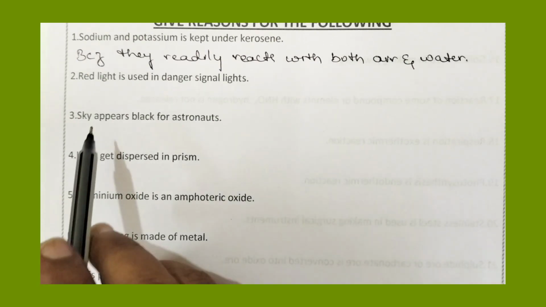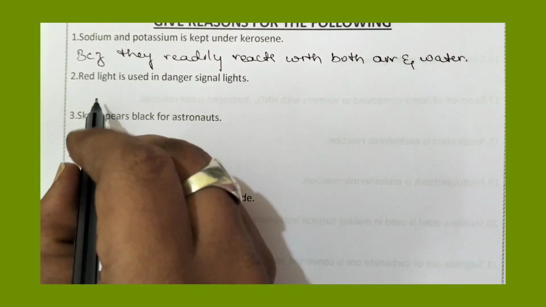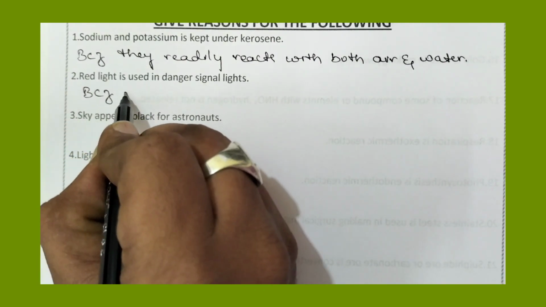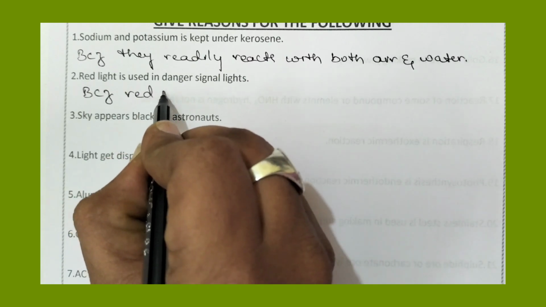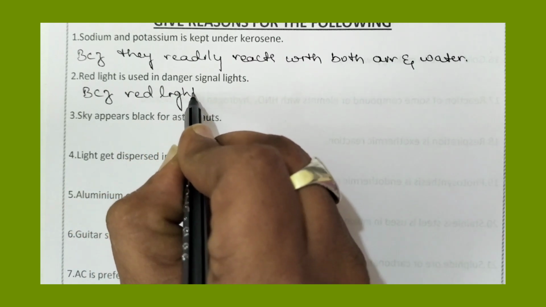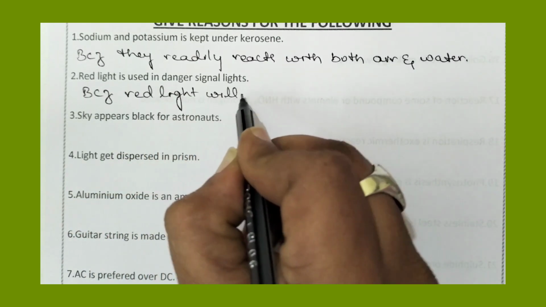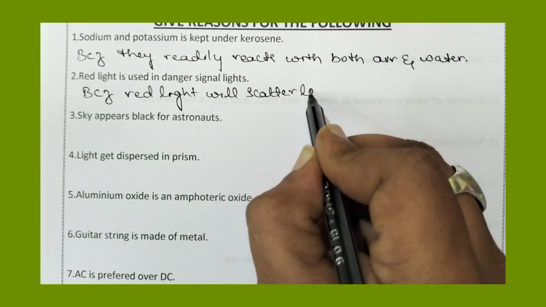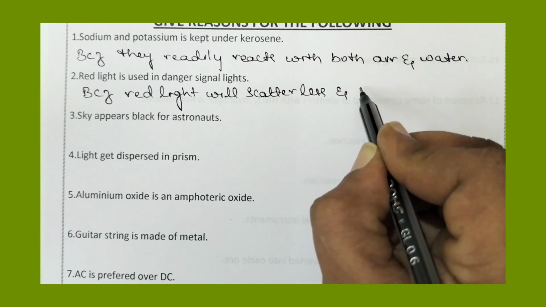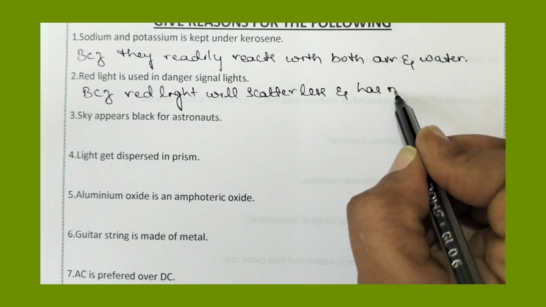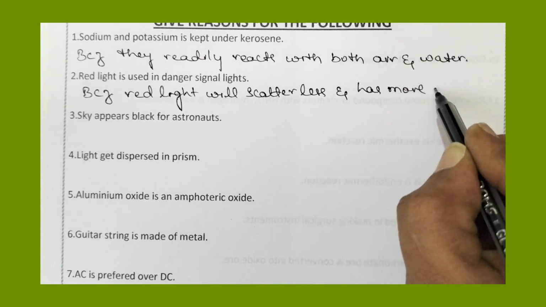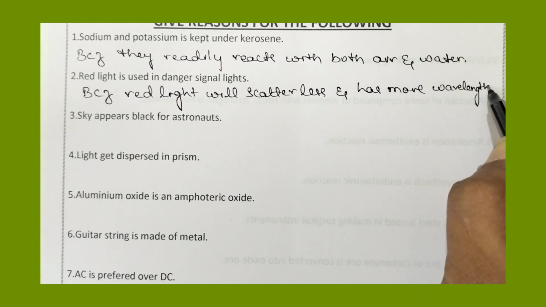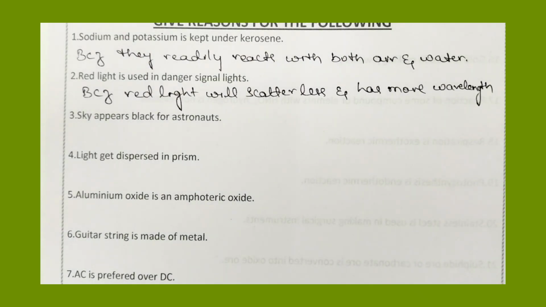Next, second one, red light is used in danger signal lights. Because red light will scatter less and red light has more wavelength.